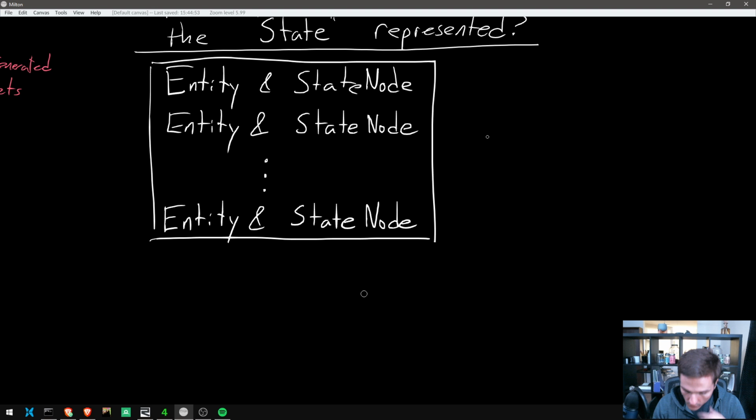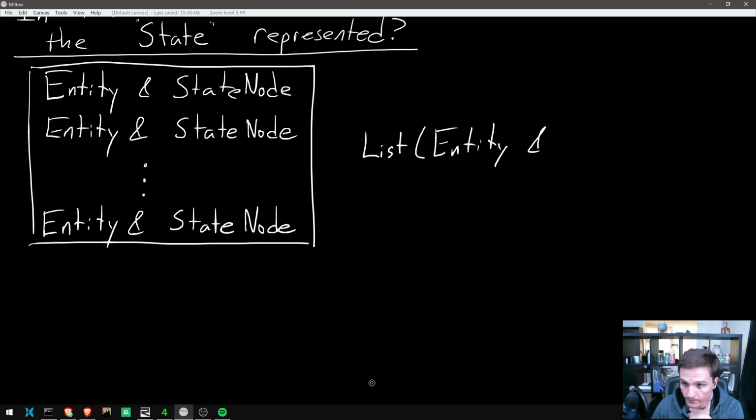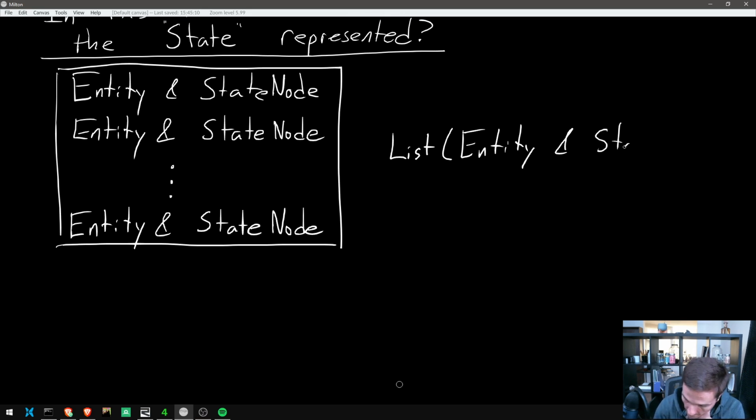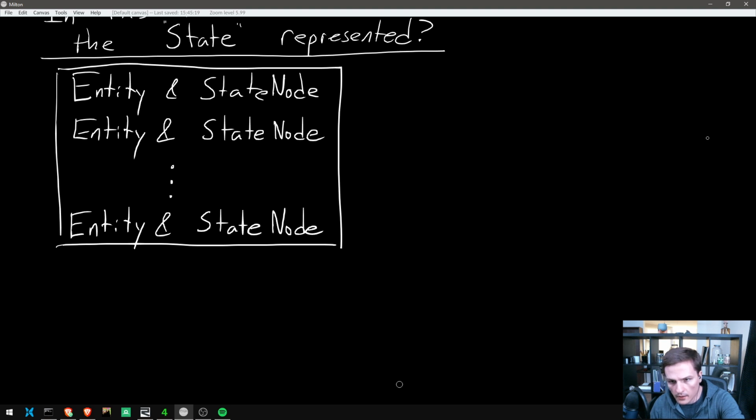Which basically means we're looking at something like a list of entities and state nodes, although, okay, it's actually not that. It's a map. So it's more like we have some subset of the entities.